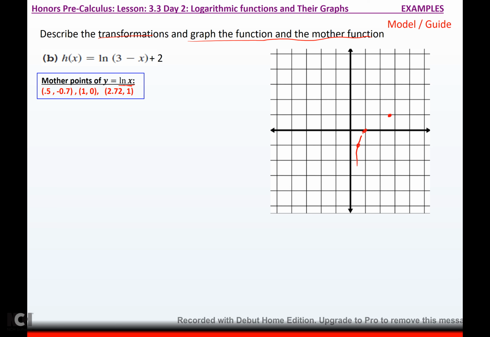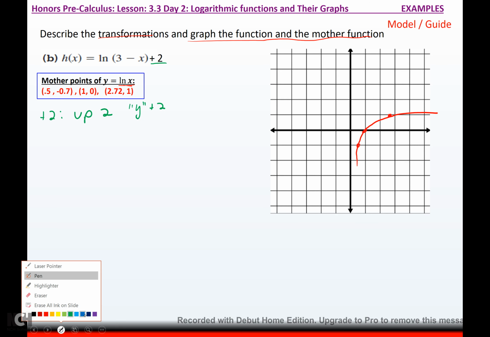So there's mother natural log. Now we're going to describe our transformations. I have this positive 2 on the outside, which is going to move it up 2, which means I add 2 to my y's. Then I have two things happening to x.